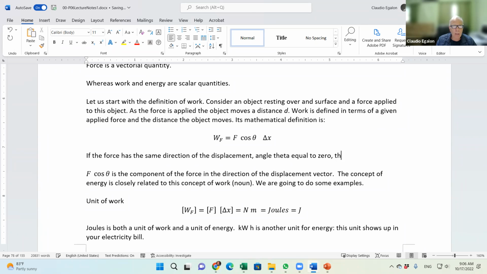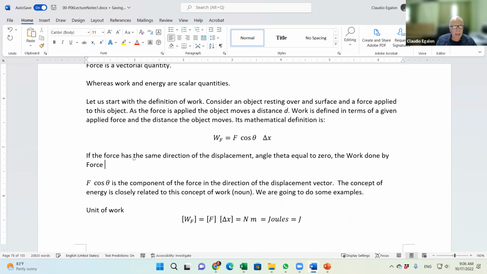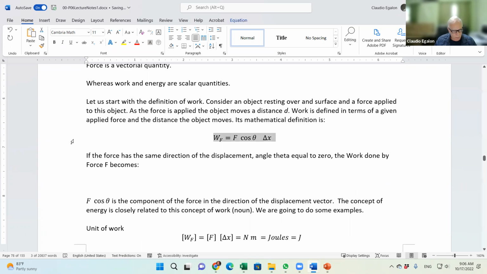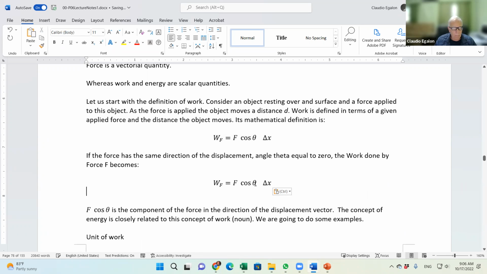The work done by force F becomes F delta x. And I'm going to emphasize that this is going to be the magnitude of F and the magnitude of delta x. Okay, very important here.